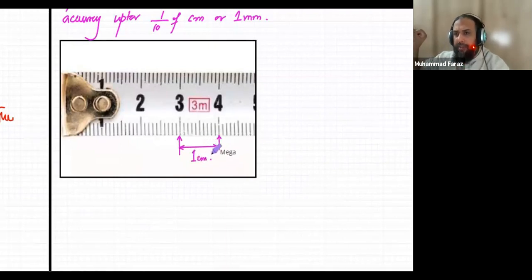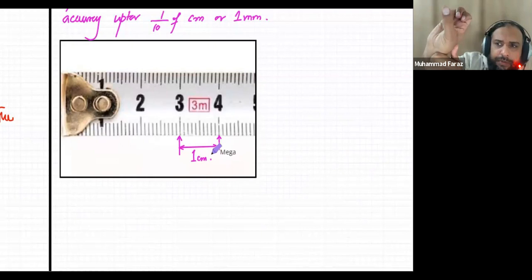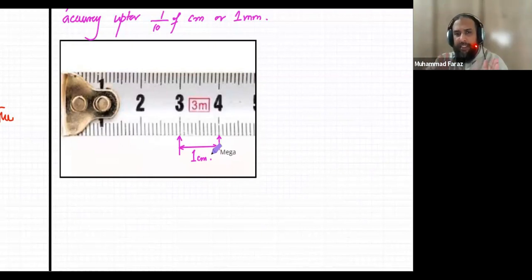Approximately, if you look at your thumb like this, your thumbnail is approximately 1 centimeter wide. So 1 centimeter is actually a distance. So 1 centimeter is from 3 to 4.